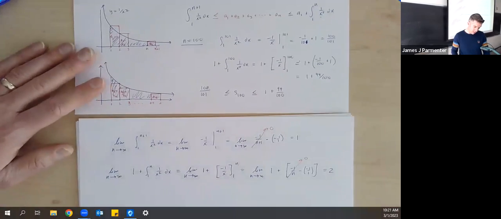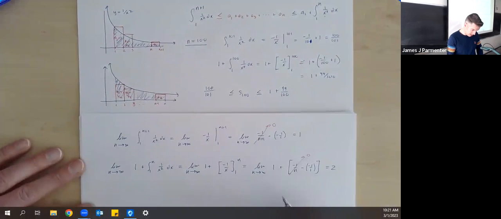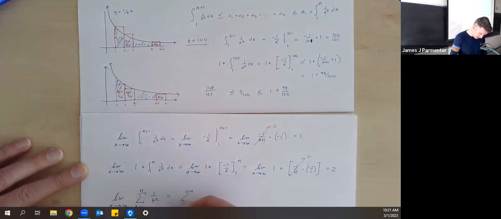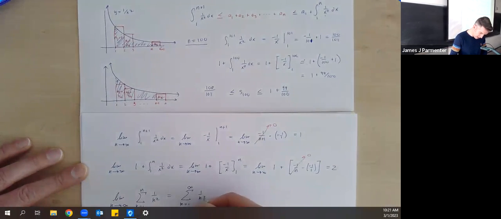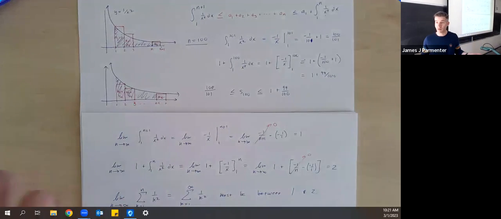And then what we're going to say is, well, our infinite series has to be between that. So the limit as n goes to infinity of the sum from k equals 1 to n of 1 over k squared, which is just the sum from k equals 1 to infinity of 1 over k squared, must be between those two numbers, which tells us it converges.